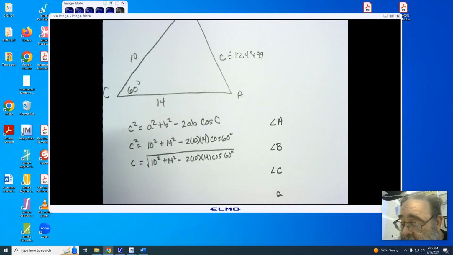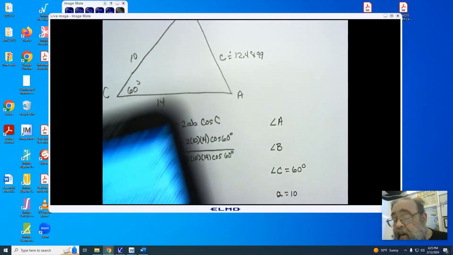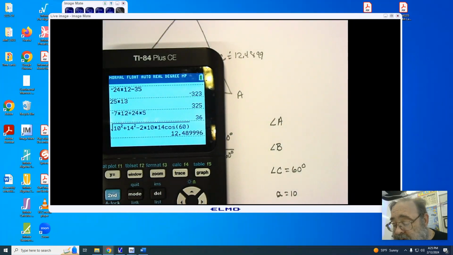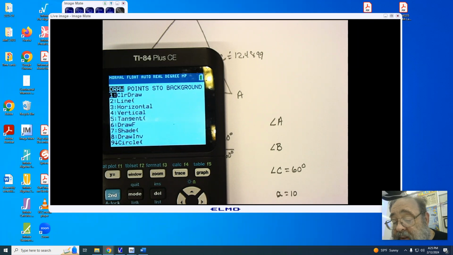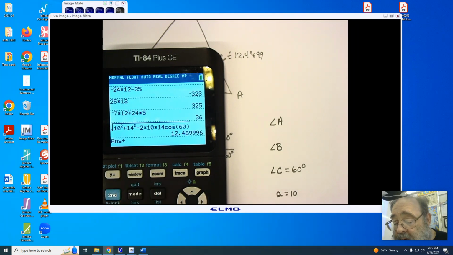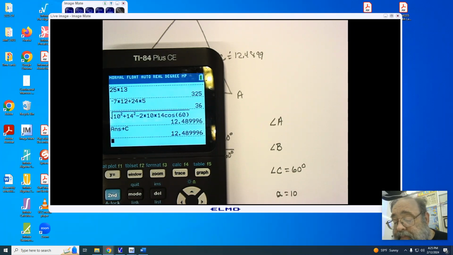If you don't, you're going to be off by a small amount, and that could cost you. After all, we're going to be trying to find our angle now. I've got all three. I'm going to want to store this, and because it was side C, I'm going to store it in alpha C. It's now in our calculator.